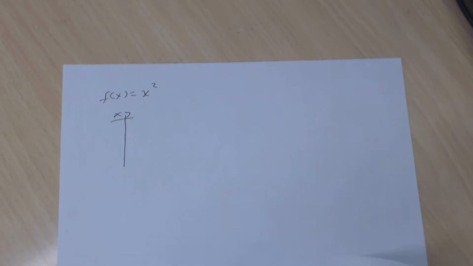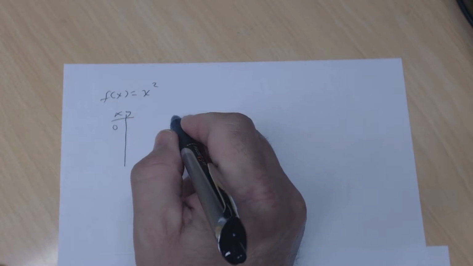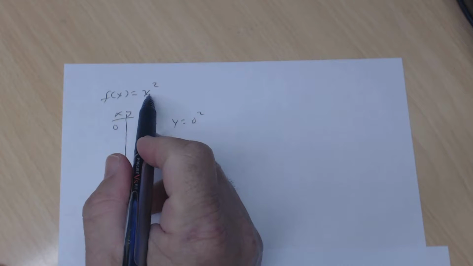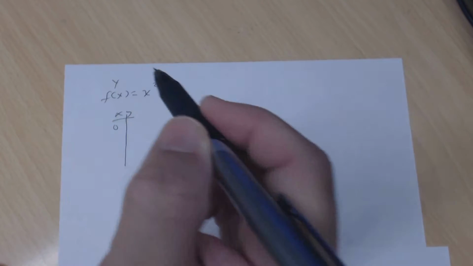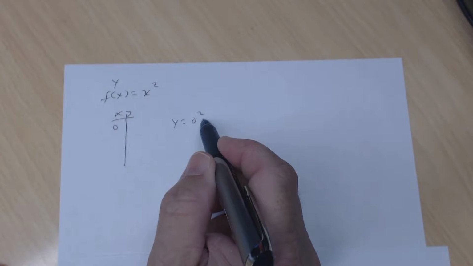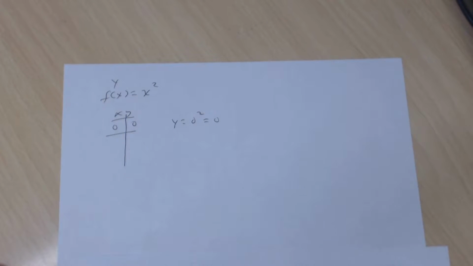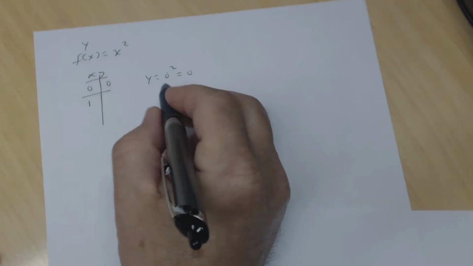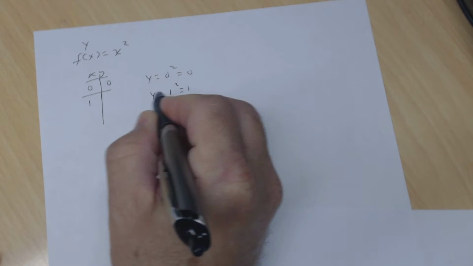So if x is 0, we get y equals 0 squared. Remember, all I'm doing is just plugging back into x. Remember, f of x means the same thing as y. So y equals 0 squared, which is 0. I get the origin, and plot the point (0, 0). If x is 1, I get y equals 1 squared, which is 1.